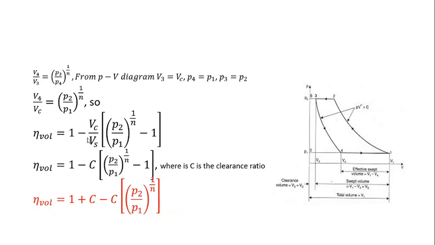Volumetric efficiency is equal to 1 minus Vc by Vs into (P2 by P1 raised to 1 by n minus 1). Now this term Vc by Vs, which is clearance volume by swept volume, is called clearance ratio C. So we can rewrite this as 1 minus C into (P2 by P1 raised to 1 by n minus 1).